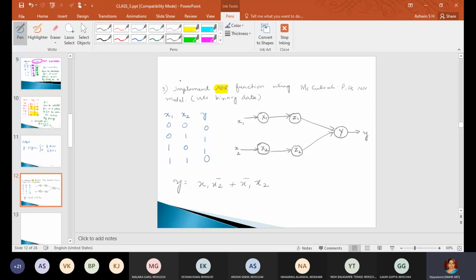So these two conditions, it is not just one, isn't it? We need to OR it. First we are doing the AND operation, then we are doing the OR operation. So if I write x1 x2 bar as z1, and x1 bar x2 as z2, then my y is equal to z1 plus z2.